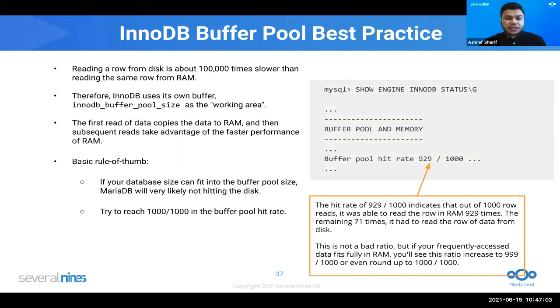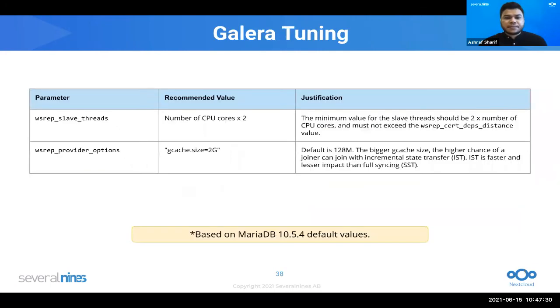If the database size is larger than the buffer pool, 1000 over 1000 simply indicates that the frequently accessed rows, or the hot data, can fit into the buffer pool. But please be reminded that most of the points mentioned here are true only for read operations. For write operations, MariaDB still requires hitting the disk to flush the data and make it persistent.